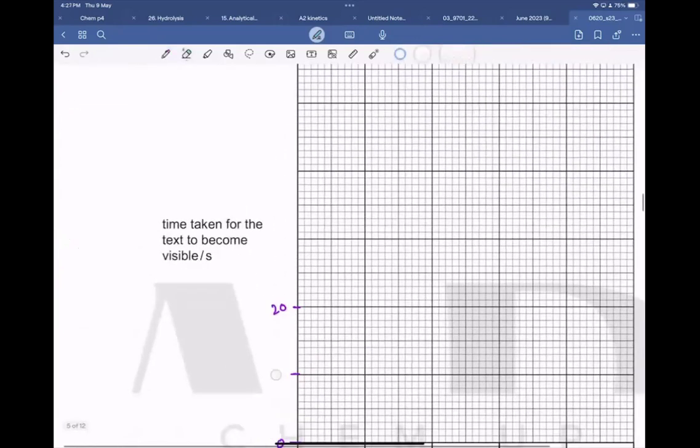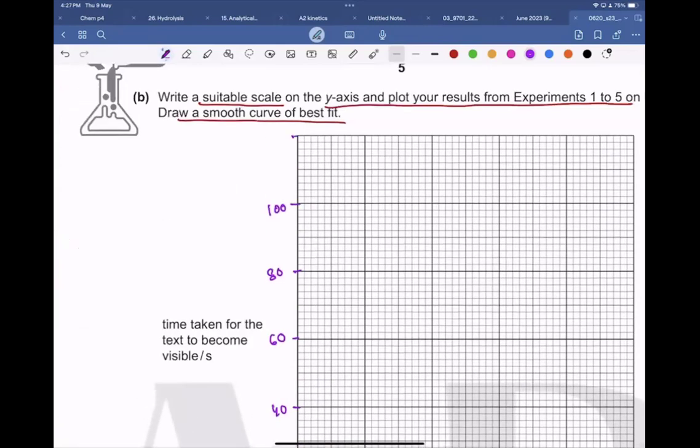Then 20, 40, 60, 80, 100, and 120 seconds.